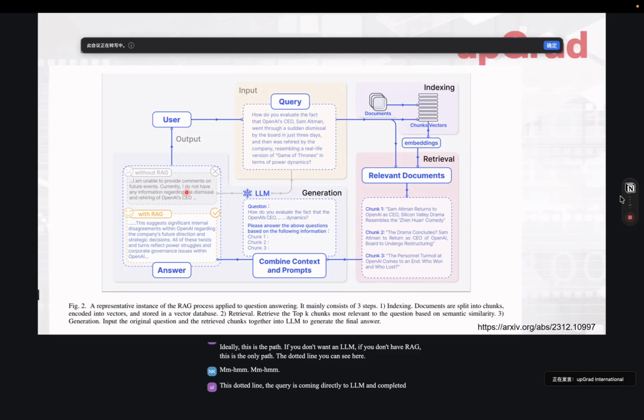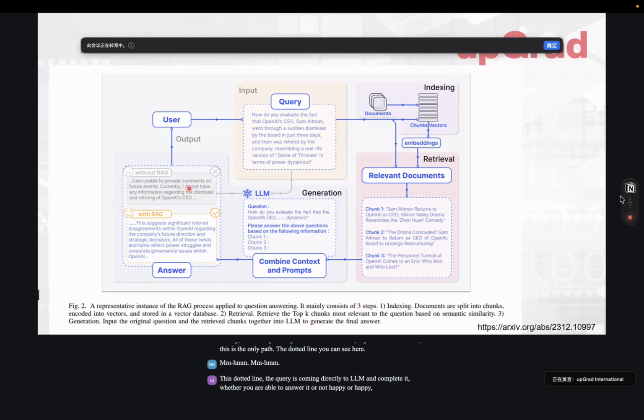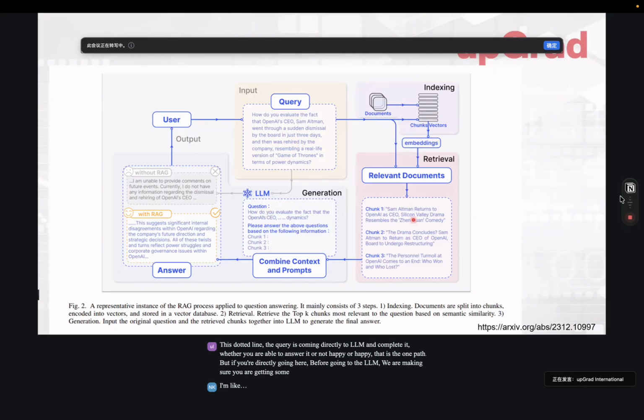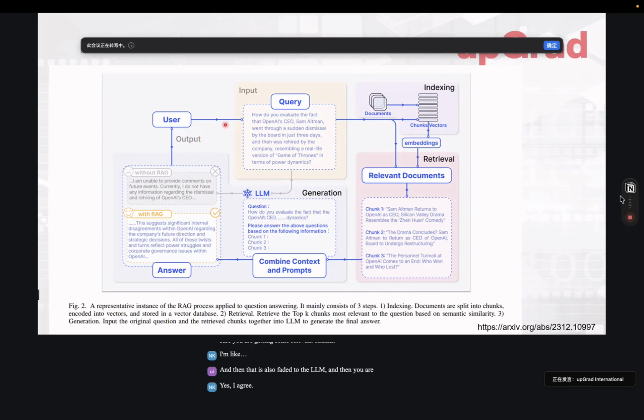Whether you are able to answer it or not, that is one path. But if you are going here, before going to the LLM, you are making sure you are getting some relevant chunks, and then that is also fed to the LLM, and then you are getting the answer. That is the typical RAG path. Query to the retrieved chunks and push it to the LLM, and then get the answer.